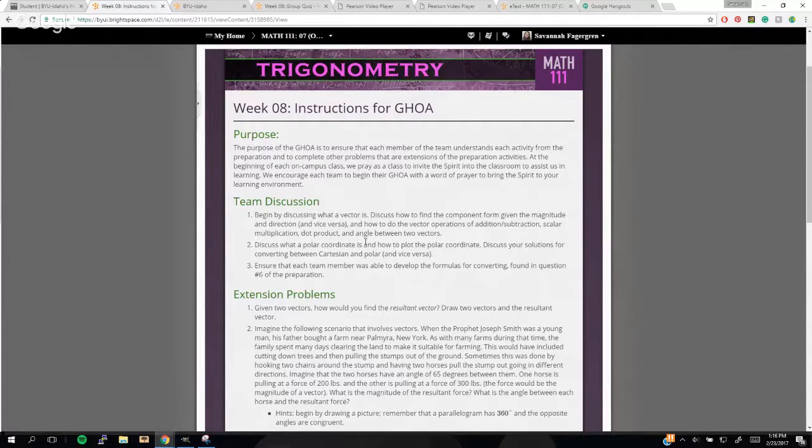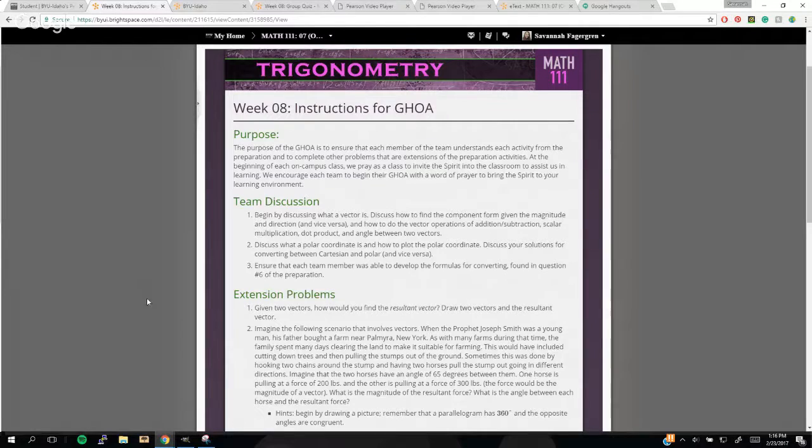So plotting the polar coordinates, wasn't that just like, you have your graph and then the first number is the radius and the second number is the degrees, right? Yeah, I think so. Then for converting between Cartesian and polar, there were just a couple of equations they gave us that we were supposed to use.